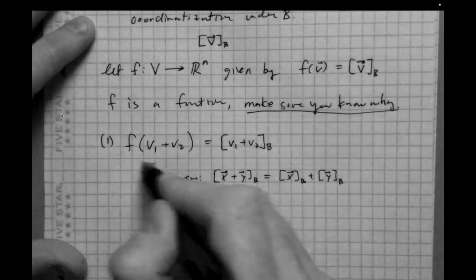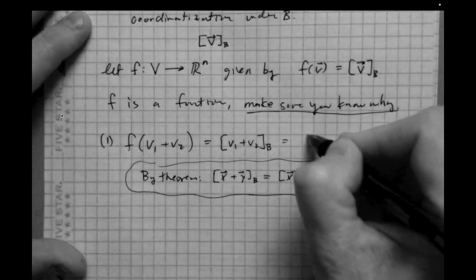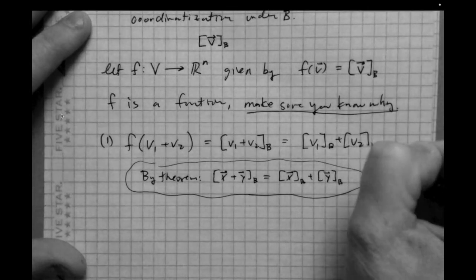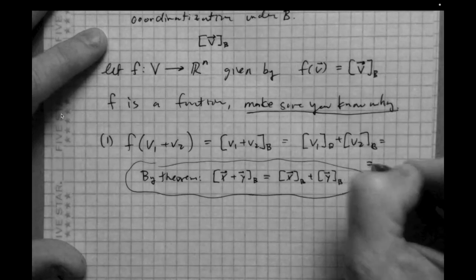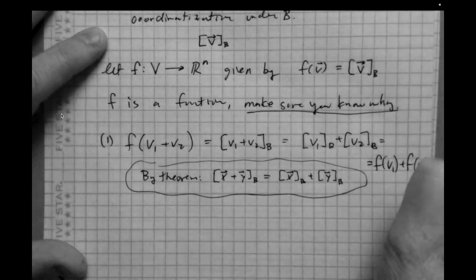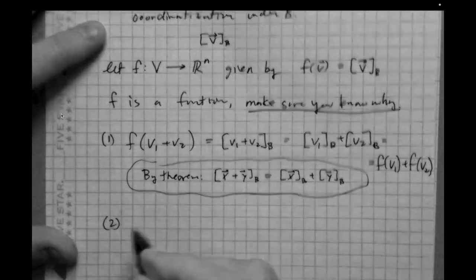So this is a theorem from the previous section, and we can just jump right to the punchline. We can break those apart. We know that they're equal. And then, of course, that means this is just f of v1 plus f of v2. Again, by theorem. We talked about this in the last section.